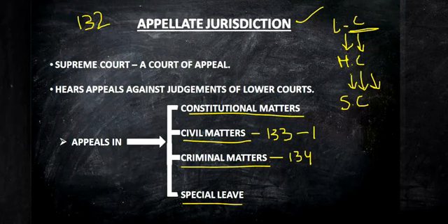So it has withdrawn that particular case from the lower court and the High Court has tried that particular case and finally it has sentenced that particular accused person to death. In such a case, the aggrieved person can move to the Supreme Court. So this is the way of appeal in criminal matters.